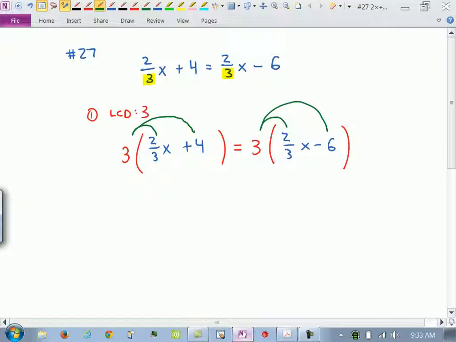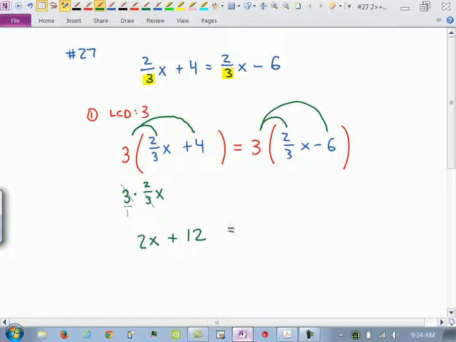So that first multiplication, what is 3 times 2/3 x? What's that? So the 3, I look at it like a 3 over 1, right? And those 3's can cancel, or you can just say multiply across 6 over 3 is 2. Either way, that should leave you with a 2x. I'll write that down below it. What does my second multiplication through the parentheses get me? Plus 12.